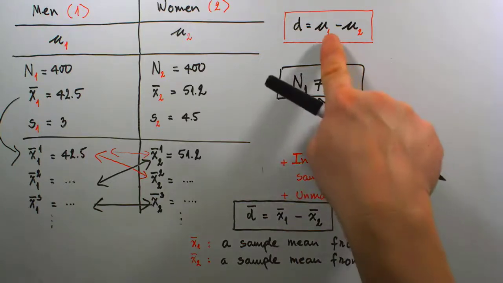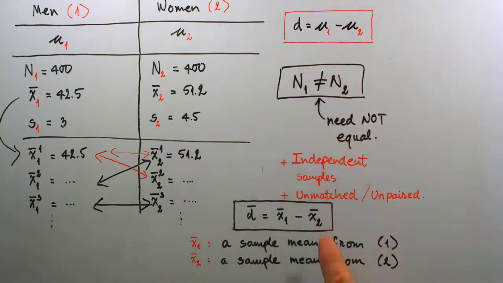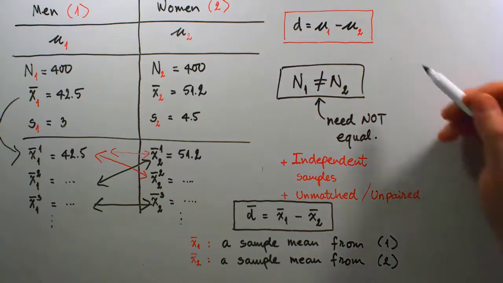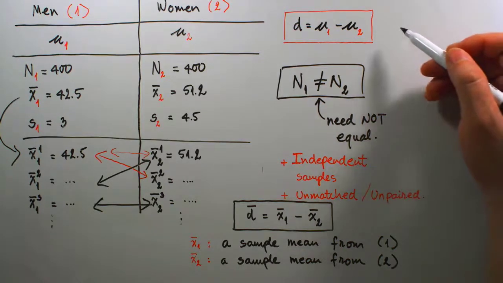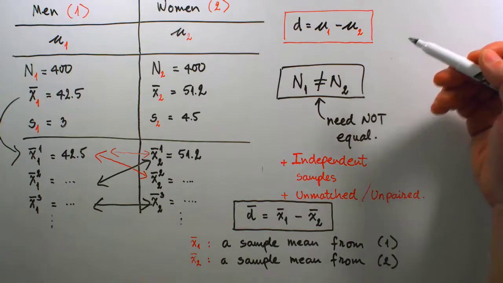We're always going to take a value from population 1 minus that similar value from population 2. But now in the way I define my d bar, and particularly pay attention to this explanation about x bar 1 and x bar 2 in this definition, I can say to any viewer, and I want to leave that for the viewer to take a moment, you can pause the video to understand why I'm saying so.